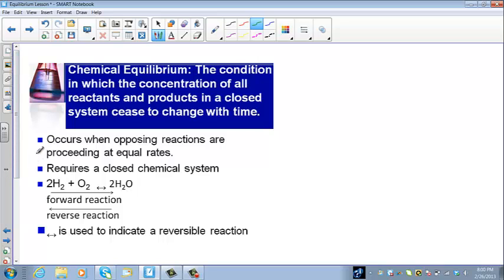This occurs when opposing reactions are proceeding with equal rates. So at equilibrium, rates are equal. So we're talking about the rate of the forward reaction being equal to the rate of the reverse reaction.